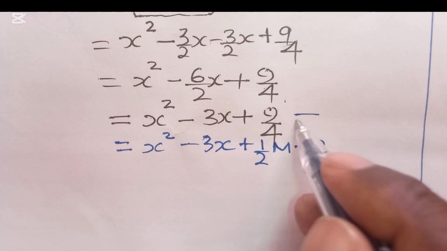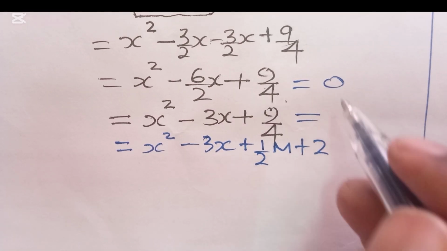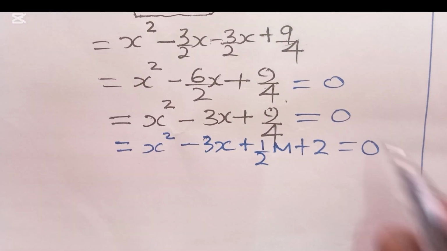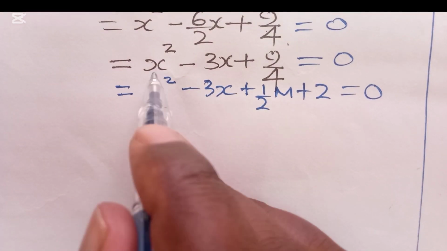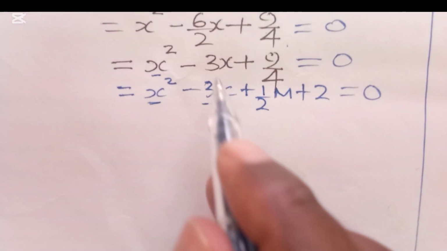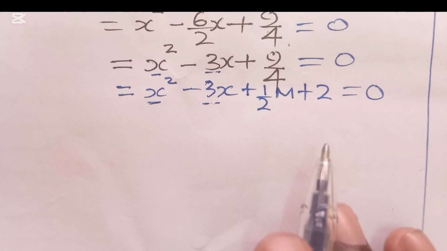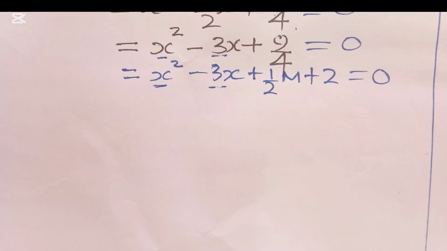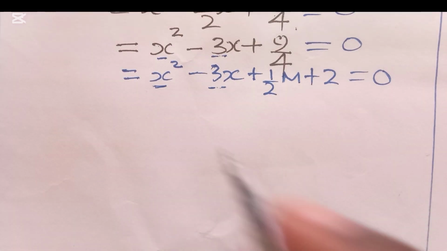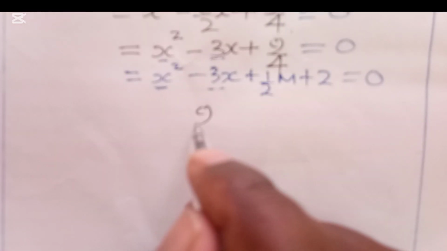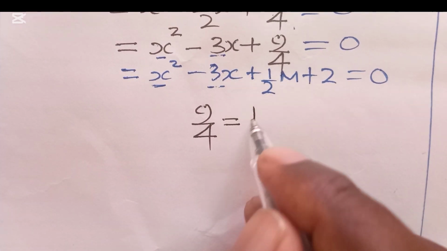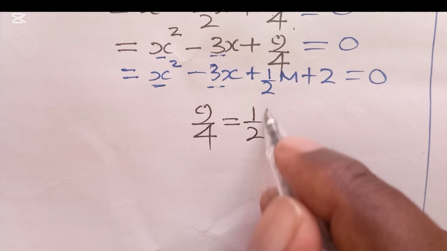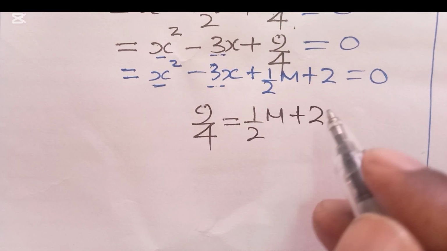All these are equal to 0. And so therefore, you can see this is equal to that, and this is also equal to that. And so therefore, 9 over 4 should be equal to I have m plus 2. That is, 9 over 4 should be equal to m plus 2.